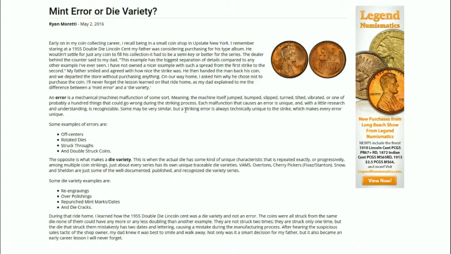And then obviously you have intentional varieties, where maybe you have a Type 1 or a Type 2, a 7-tail feather here, an 8-tail feather there, repunched mint marks and dates, and over polishings for die varieties. And then of course, the most recent example that we saw as a buzz in the community would be the Dragon and Phoenix variety that people were calling errors, but one portion was not frosted, whereas it should have been, to talk about negative spacing, that type of thing.